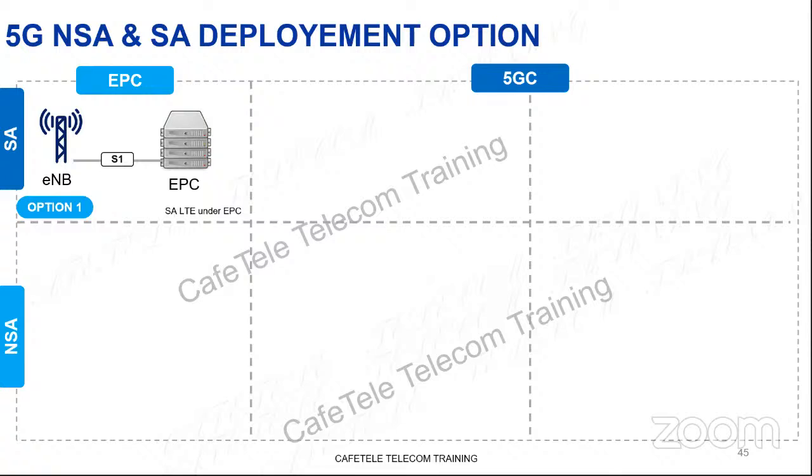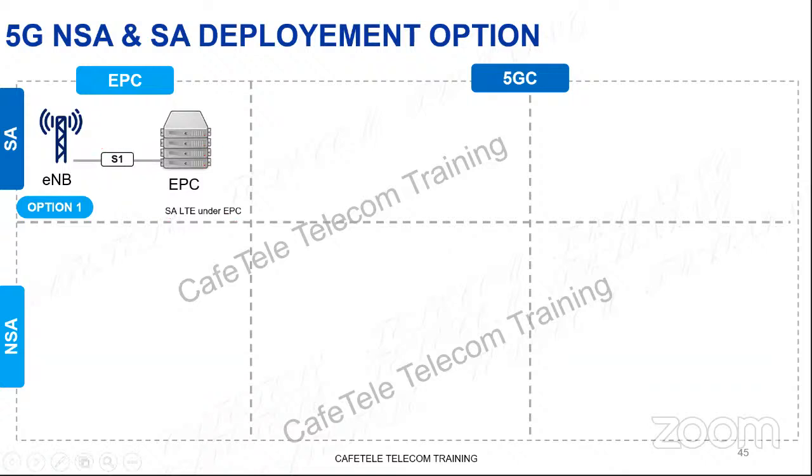Standalone with EPC, it means the current scenario. Your eNode B is connected to the LTE, and this one via the S1 interface. eNode B is connected to EPC. It means this is the current LTE network. This is called standalone LTE under EPC.